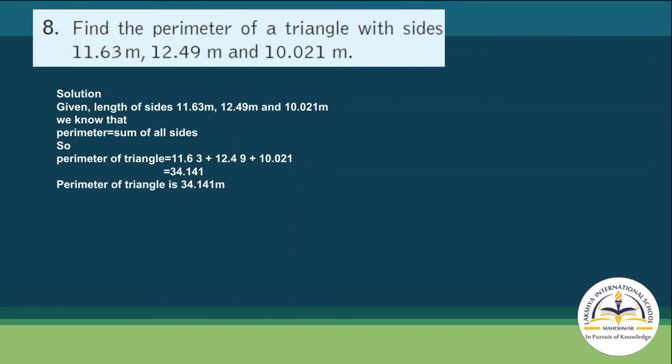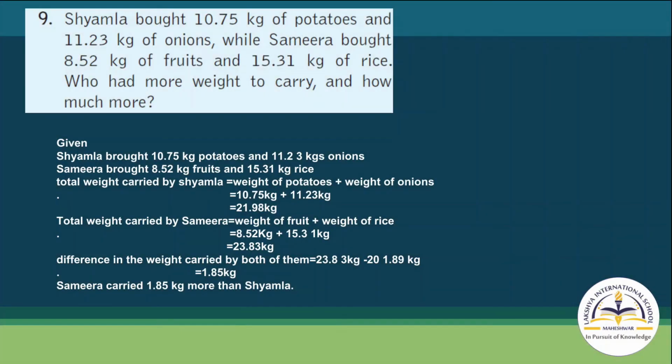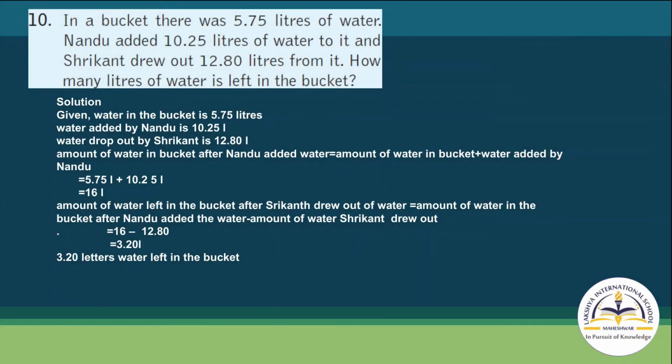Now in the same manner you have to solve question number 8 and 9. Question number 10. In a bucket there was 5.75 liters of water. Nandu added 10.25 liters of water to it, and Shrikant drew out 12.80 liters from it. How many liters of water is left in the bucket?